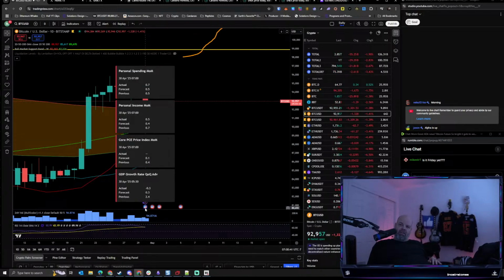Personal spending is up. Personal income is up. PCE, core PCE price index is down. That should be good. Oh no, it's up. Actual's not in. GDP growth rate is bad.